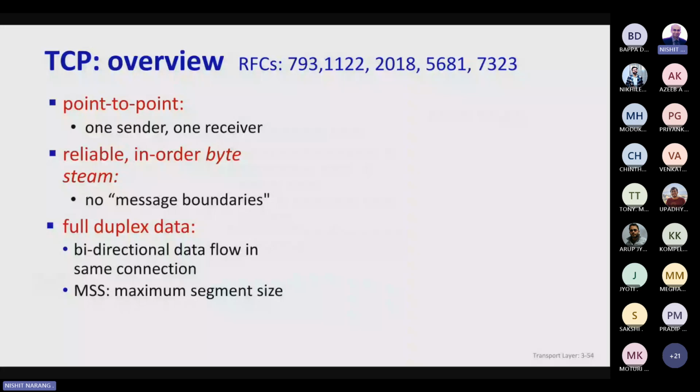Byte stream meaning, unlike UDP, which deals with messages and message boundaries, TCP treats traffic coming from the application as if it was a stream of bytes. So TCP sees it as a continuous flow of bytes of information coming from the application layer, which has to be sent over the network towards the destination.